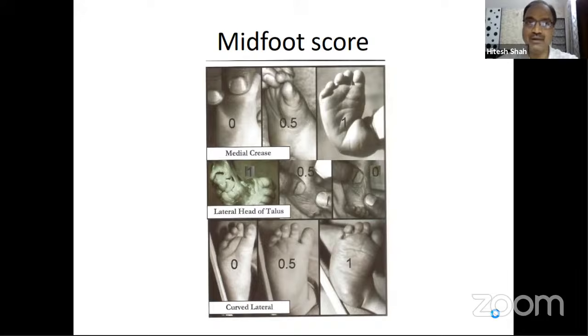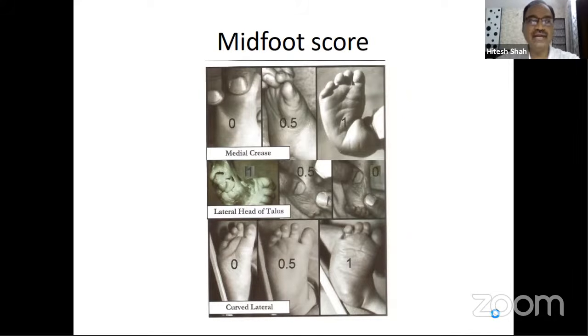Where it is not palpable and is normal in position, it is 0. Similarly, if the lateral border is convex and not touching the straight border at all, it is 1. If the lateral border of the foot is touching the straight border, it is 0. If the forefoot is partially touching the straight border, it is 0.5.